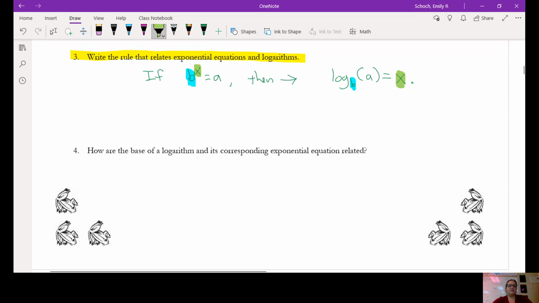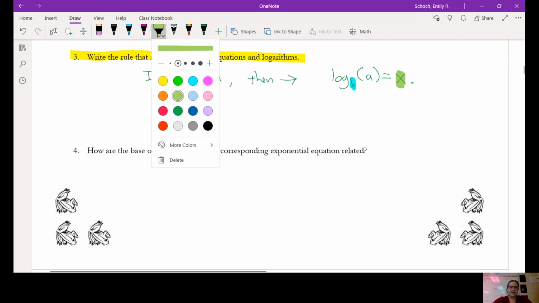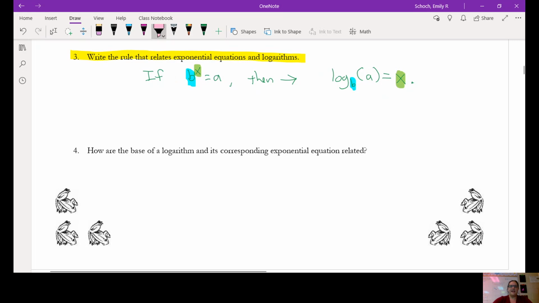And then the base and the exponent are the two things that you're really going to pay attention to. And whatever's left over, the answer, is what you take the logarithm of. It's a little complicated calling it answer. I know that can be confusing, because it's the answer of the exponential expression, but it's not the answer of the logarithmic expression.